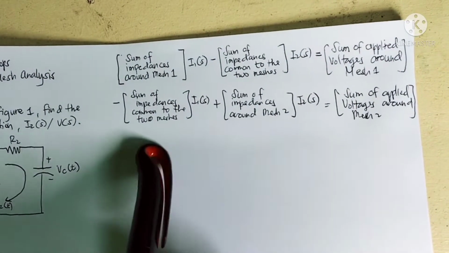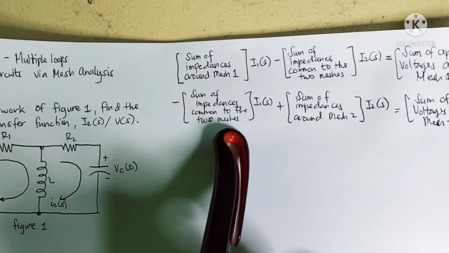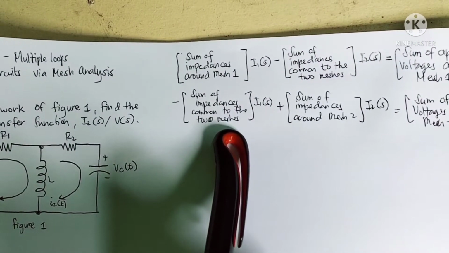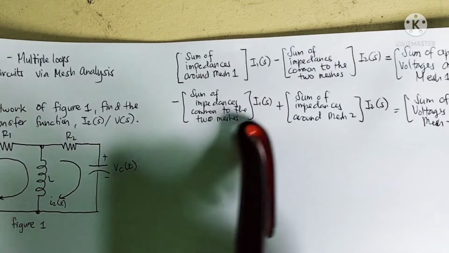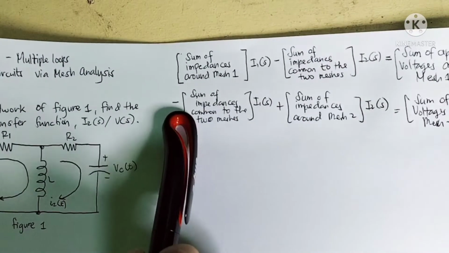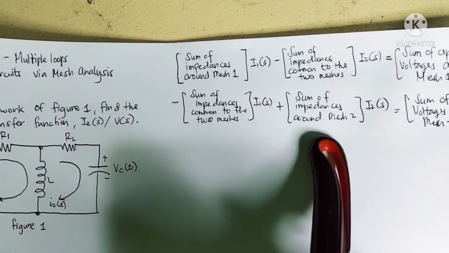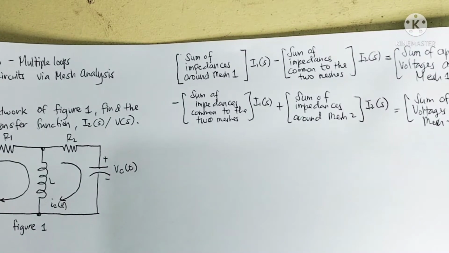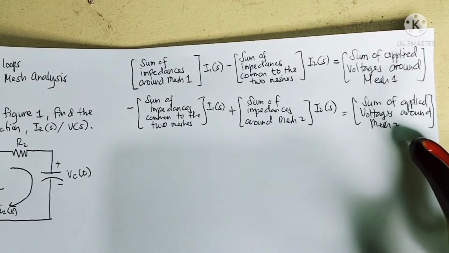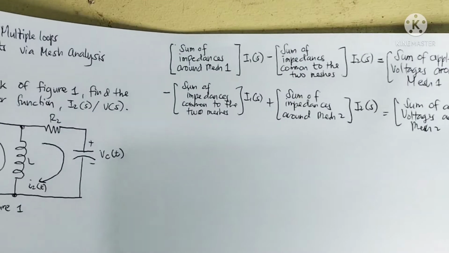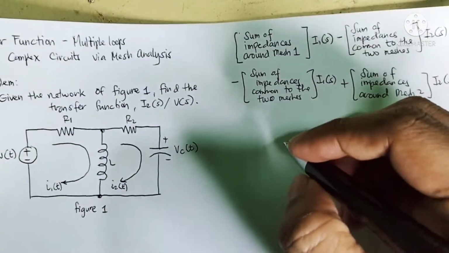The second equation is the negative sum of impedances common to the two meshes, and then plus the sum of impedances around mesh 2, equal to the sum of applied voltages around mesh 2. So let's answer this problem.